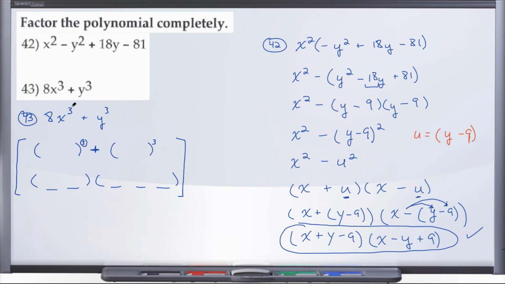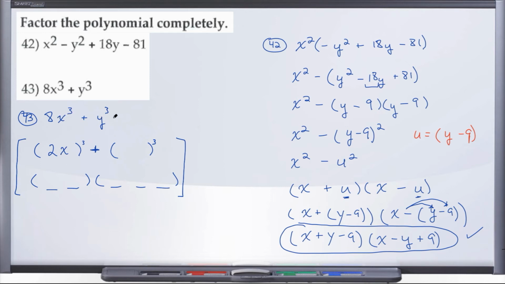Well, this cube and this cube are going to act as the same cube. So what we're asking really is, what number cubed gives me 8? Well, 2 cubed gives me 8. And now what variable cubed gives me x cubed? Well, x cubed gives me x cubed.